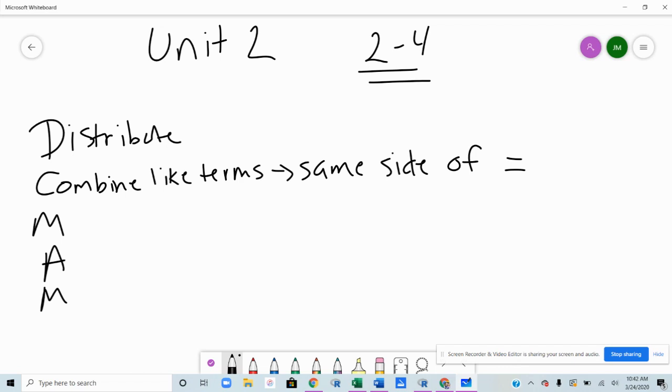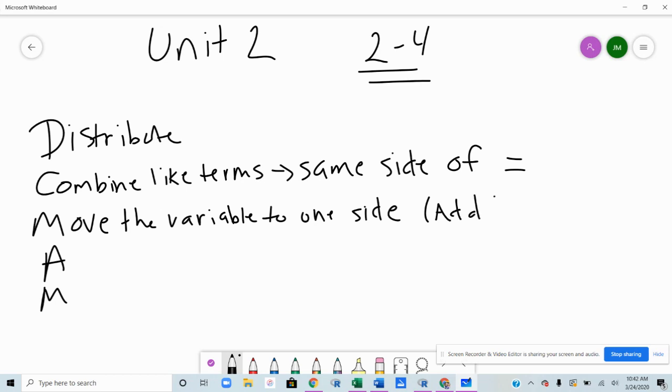The first M stood for move the variable to one side. You will do so by either adding or subtracting. So if you have variables on both sides of your equal sign, then you need to pick one to move. You always move by adding or subtracting.